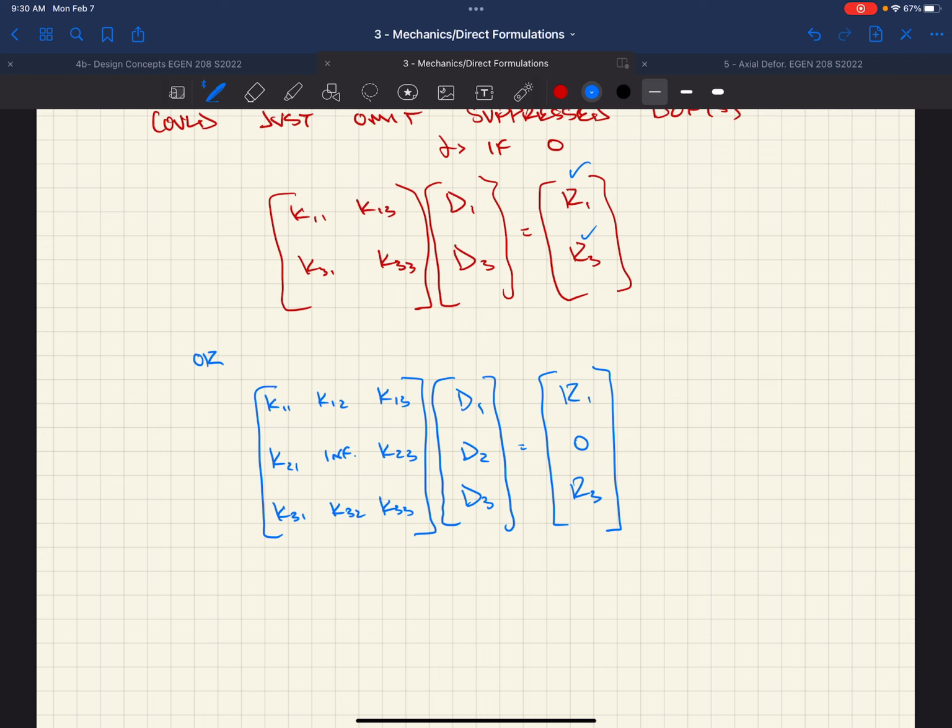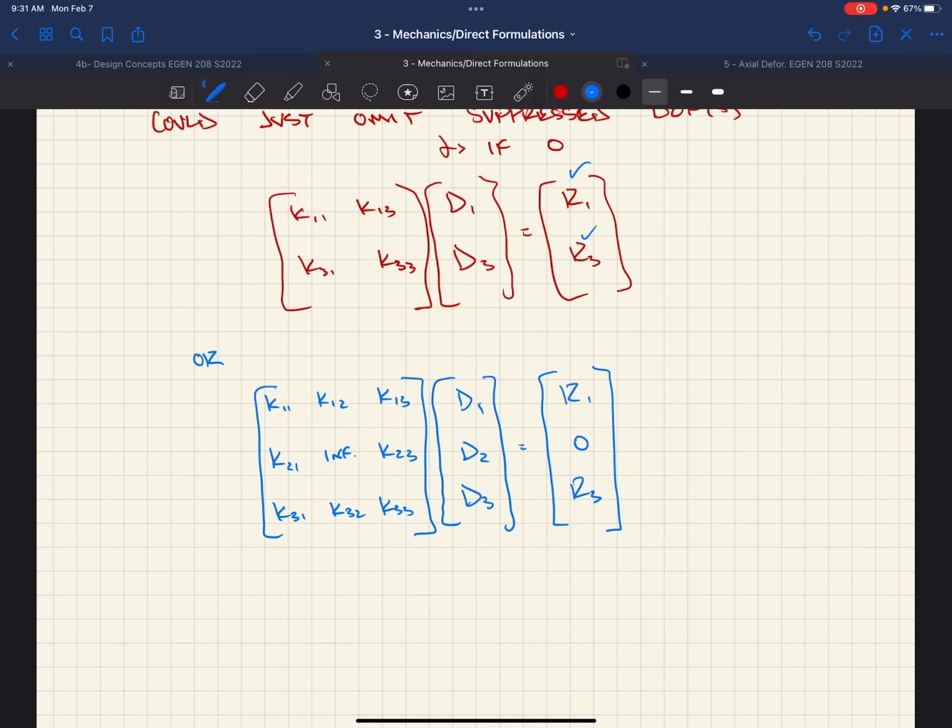Is it right to have R2 0? Yes. Isn't that your reaction? Yeah, but it's unknown. We don't know. And so when you take the inverse of this, that doesn't end up playing any role in it, right?